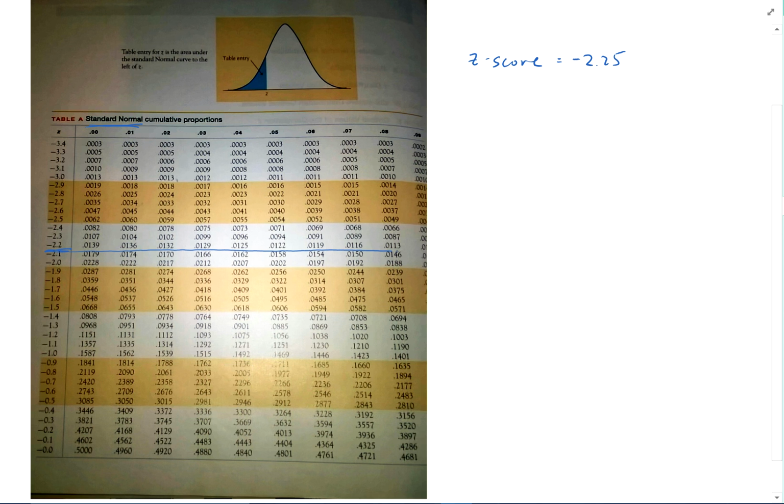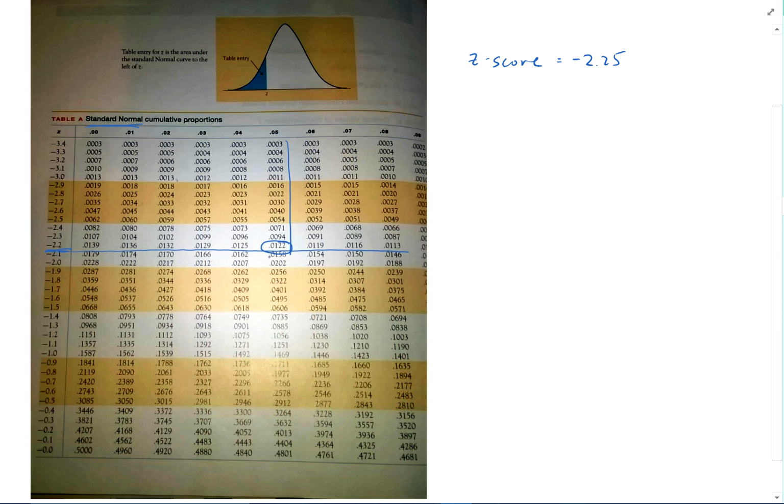So once I calculate the z-score, then I can use this table because this is the data for the standard normal curve. Sorry about that. So in particular, when the z-score is negative 2.25, I want to find that. I've got negative 2.2 right here, and so that's going to be this row. 2.25, come down here.